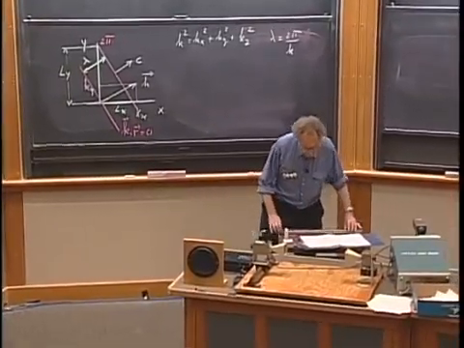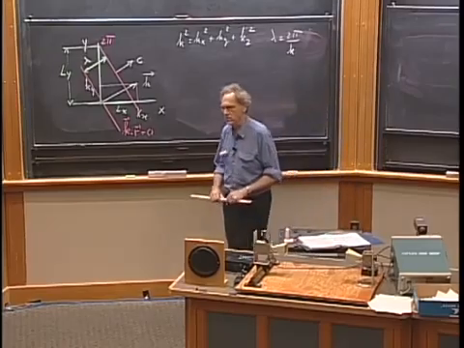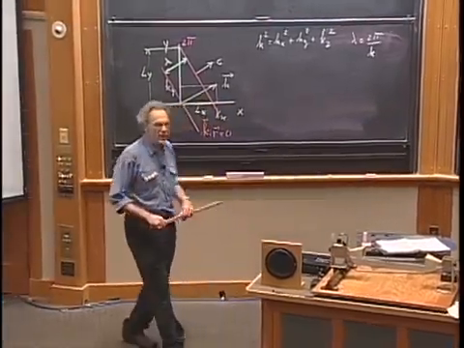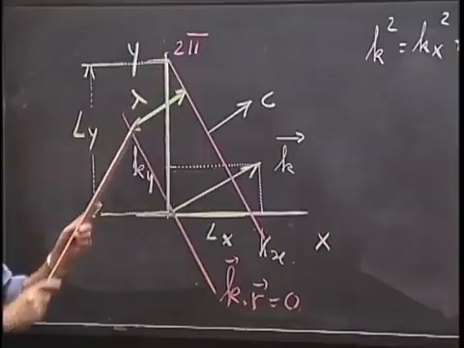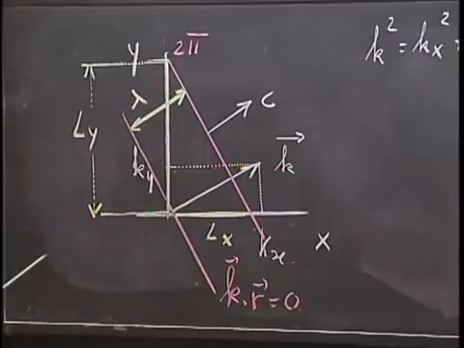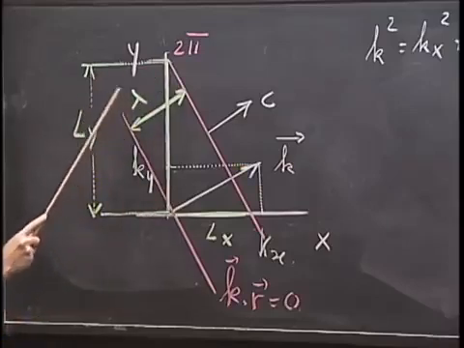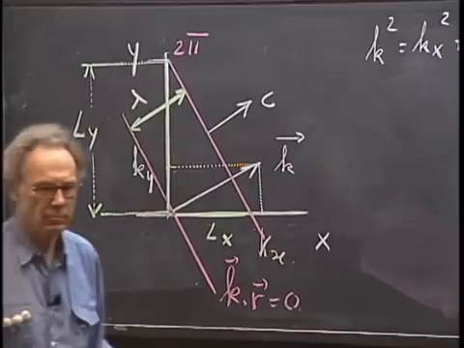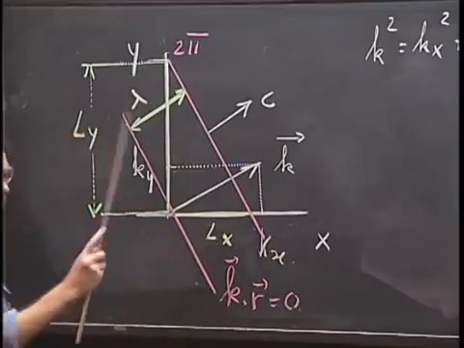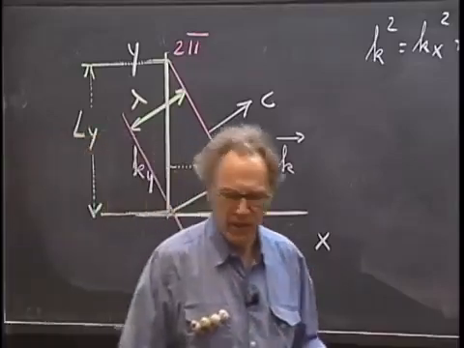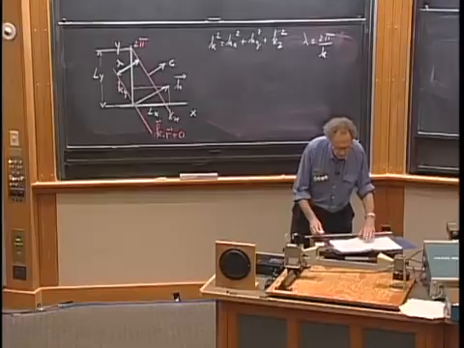Now look at the intersection of this wave with the y-axis. This wave intersects there, and it intersects there. And so the distance from here to here is Ly, which is way larger than lambda. And the same is true for the distance in the x direction, it is also larger than lambda. And in the z direction, in general, it would also be larger than lambda.